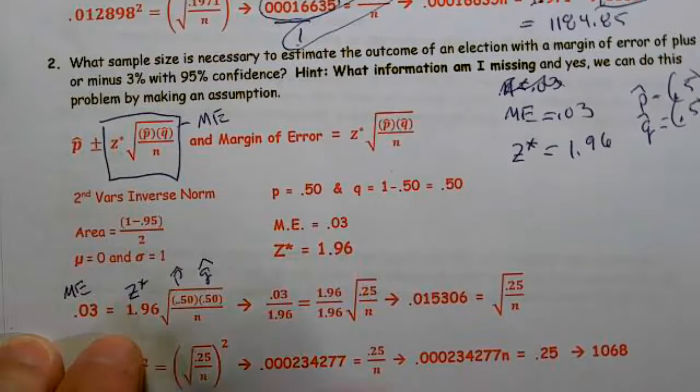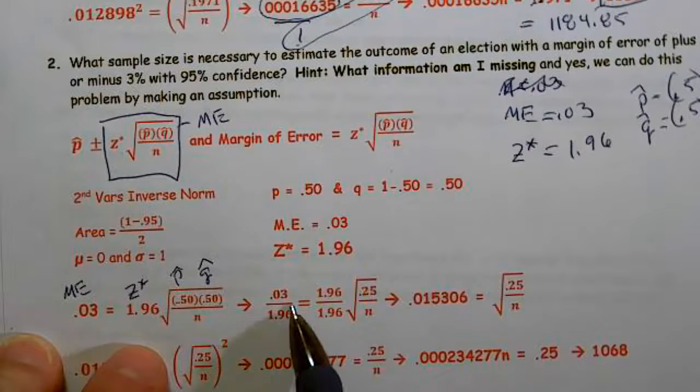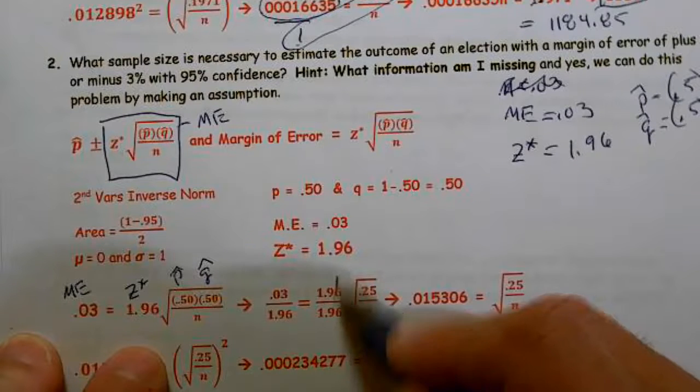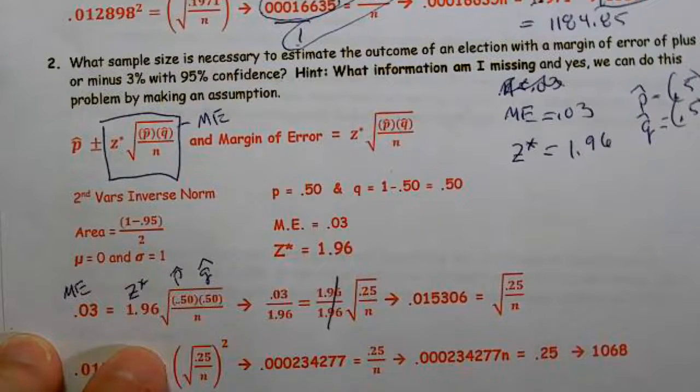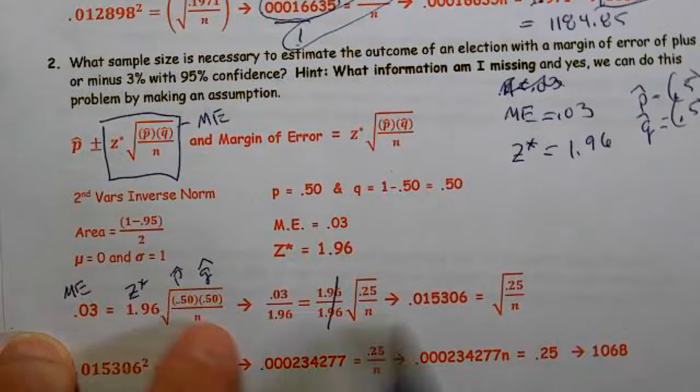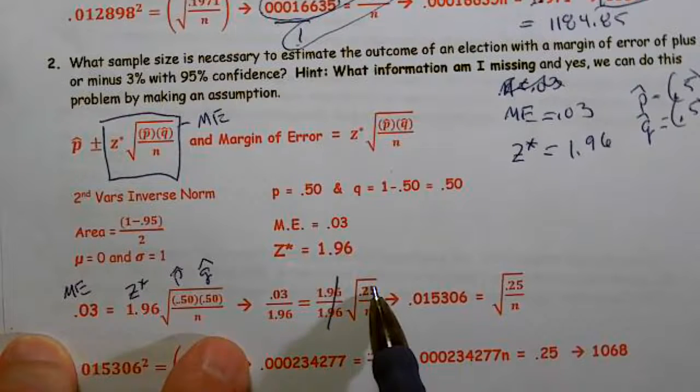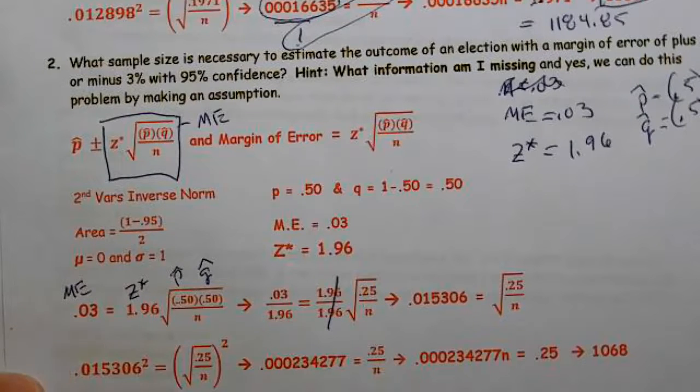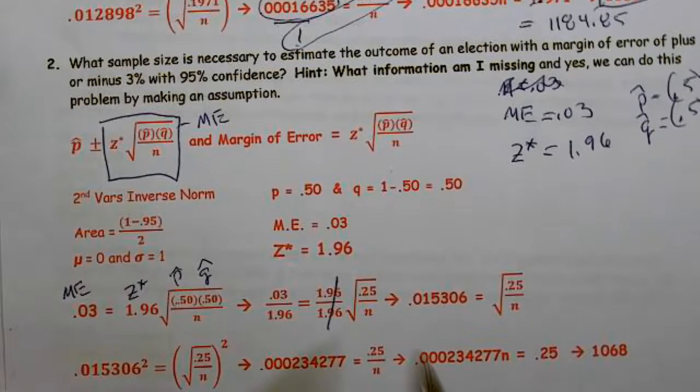All right, and I've already previously calculated that. I divide both sides by 1.96, so this drops off. 0.5 times 0.5 is 0.25. And then I come around and I'm going to basically square, and 0.03 divided by 1.96 is approximately this value. I'm going to square both sides.